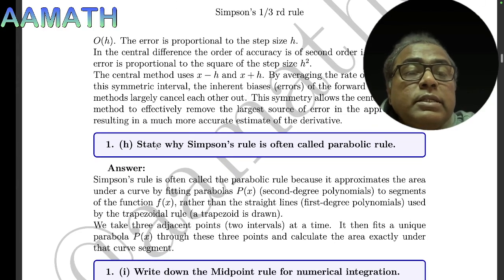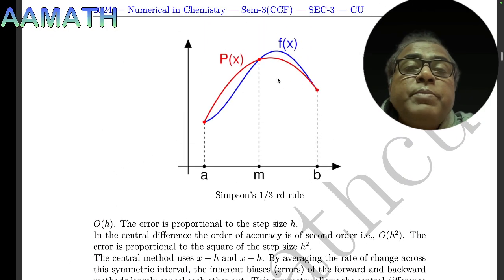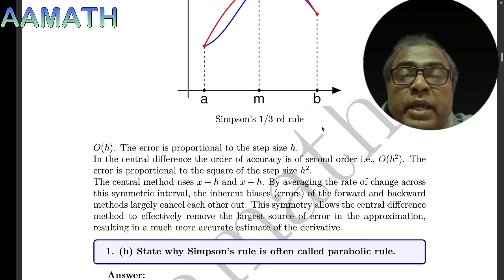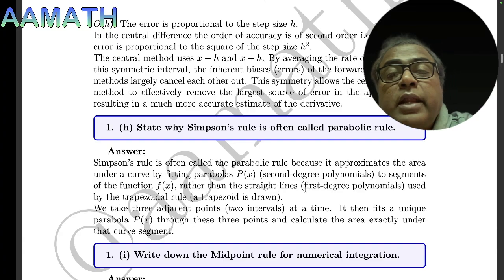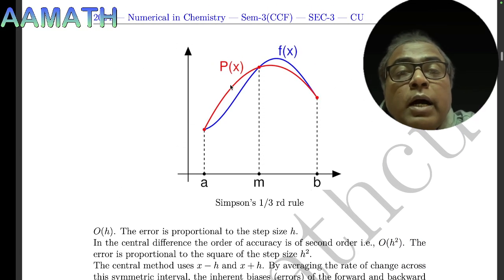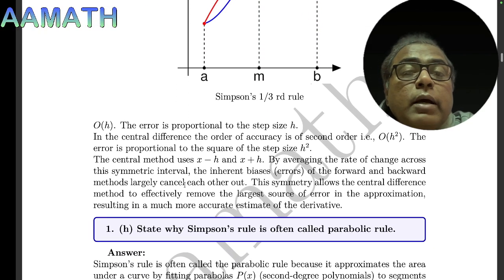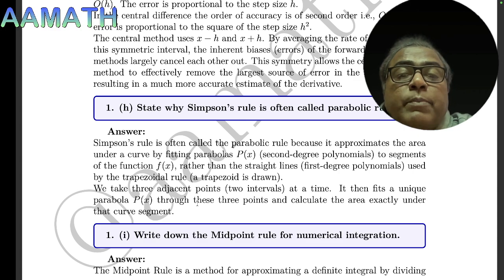And this is done by fitting a parabola p(x), a second degree polynomial. Actually, this is p(x), the red curve, a second degree polynomial, fitted to a segment of the function f(x) rather than a straight line, which would be a first degree polynomial. We take three adjacent points, two intervals at a time.